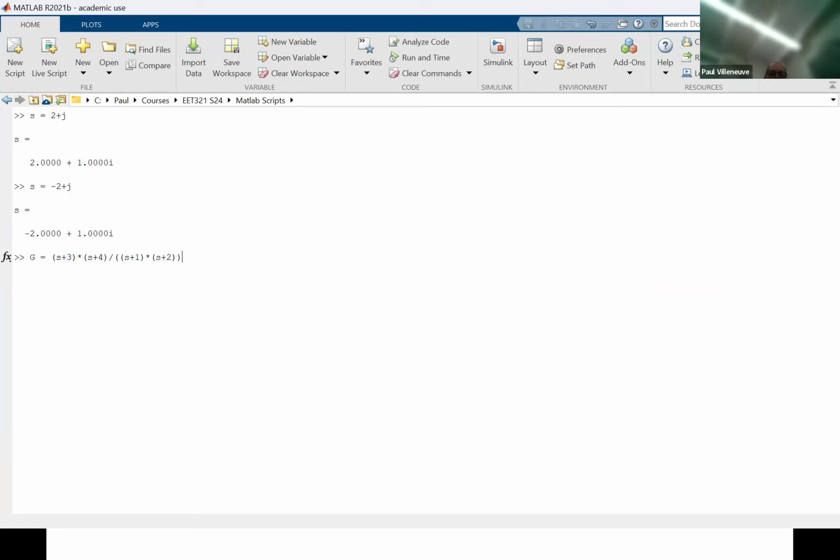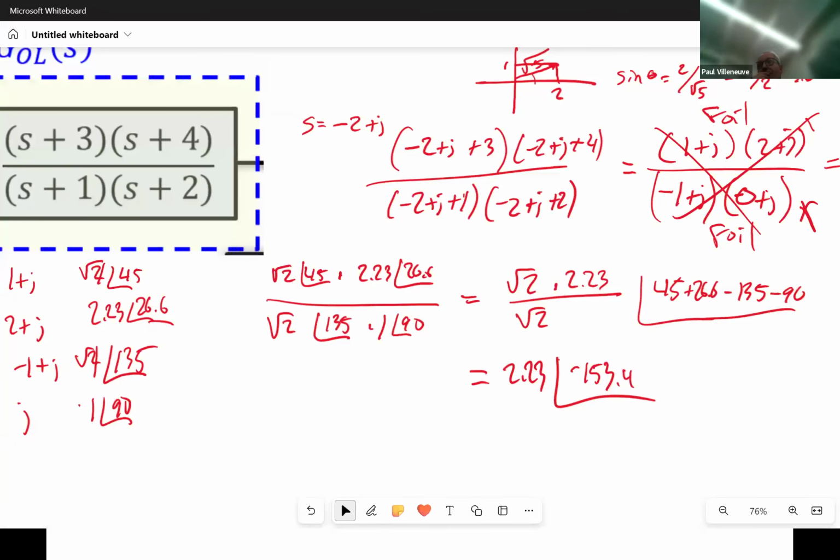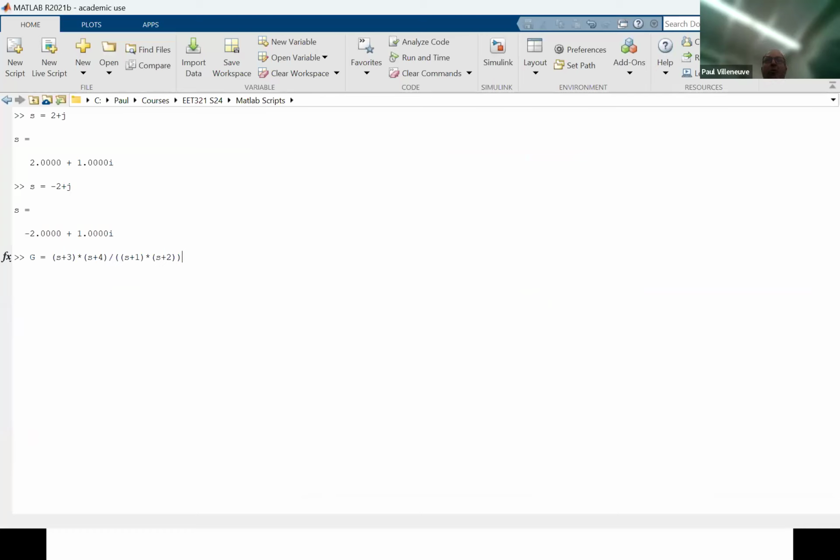Now, this should be equal to, if we did our math correctly, 2.23 at an angle of minus 153.4. But it won't be, because MATLAB does everything in rectangular coordinates. So I do the absolute value of G and the angle of G times 180 over pi: 2.23 or 2.24 at an angle of minus 153. Exactly what we expect to get.